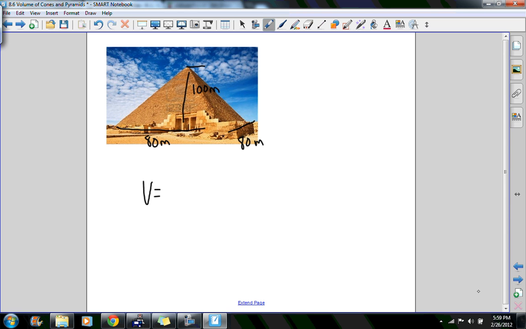Here's a pyramid, and we see that the front here is 80, the back right side is 80, that means the back will be 80, and this other side over here will be 80. So we have to do 1/3 times the area of the whole base times the height.